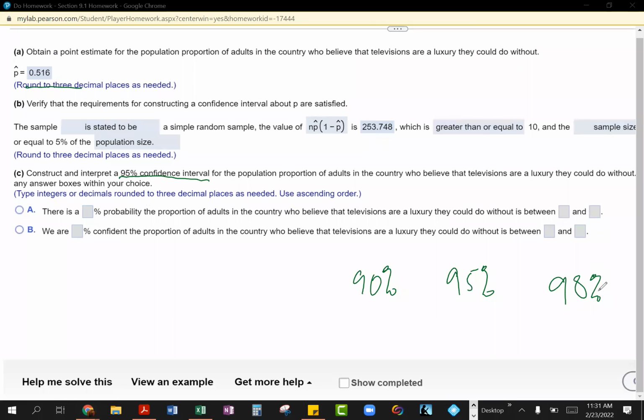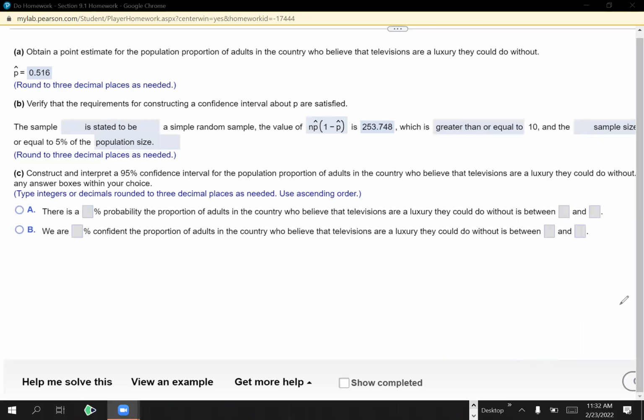I believe so. So those are the three common ones. But obviously they can change that. They can do 85%, they can do 97%, they can do 99%, but usually you will see a lot of 90 and 95%. But a confidence interval can be at any degree. It just depends on what they're looking for.